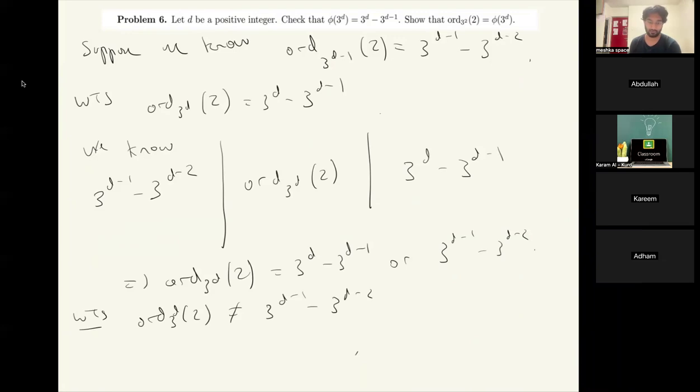Okay, so how do we show this? What we want is to show that 2 to the power of 3 to the d minus 1 minus 3 to the d minus 2 is not congruent to 1 mod 3 to the d. We want to show that this is true. How can we do this?